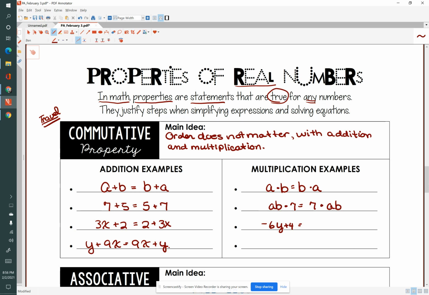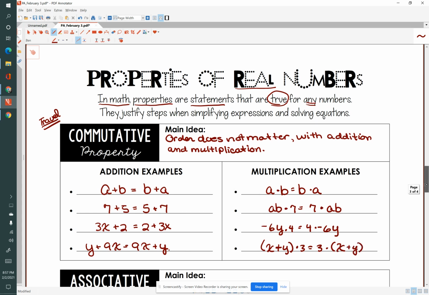Sorry, negative 6y times 4 equals 4 times negative 6y. And we can say the quantity of x plus y times 3 equals 3 times the quantity of x plus y. So that's the commutative property.